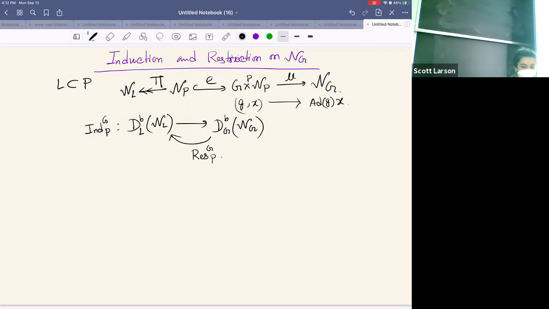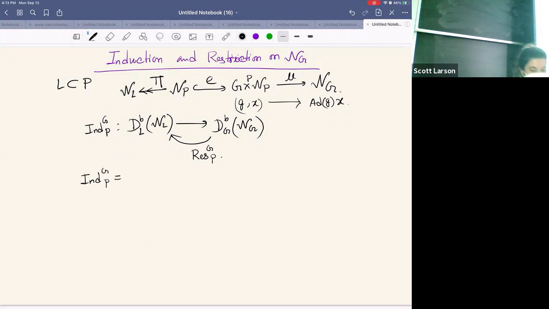So before going into the formal definition, what these two functors actually do is allow me to go from the bigger group to the smaller Levi, or from the smaller group to the bigger, original group. So it allows me to go from smaller to bigger, bigger to smaller.